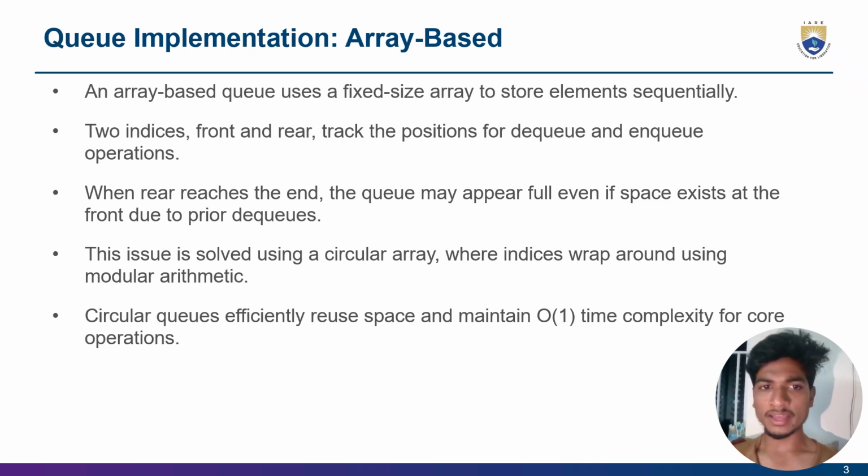When rear reaches the end, the queue may appear full even if space exists at the front due to prior dequeues. This issue is solved using a circular array, where indices wrap around using modular arithmetic. Circular queues efficiently reuse space and maintain constant time complexity for core operations.